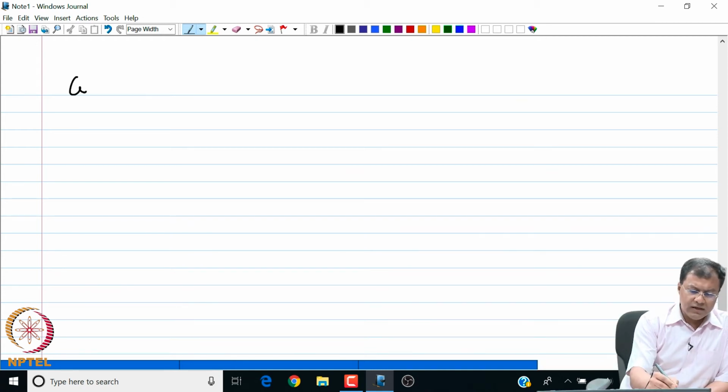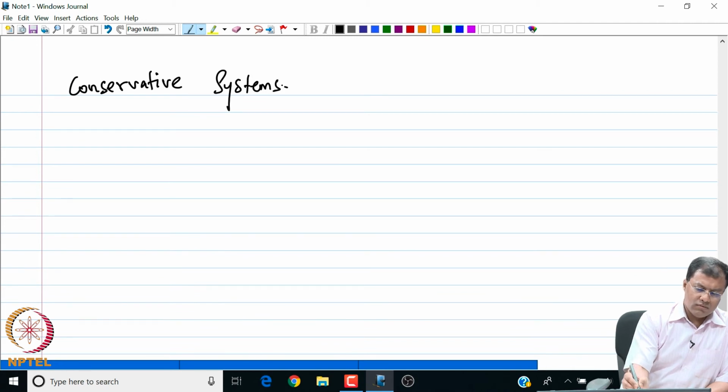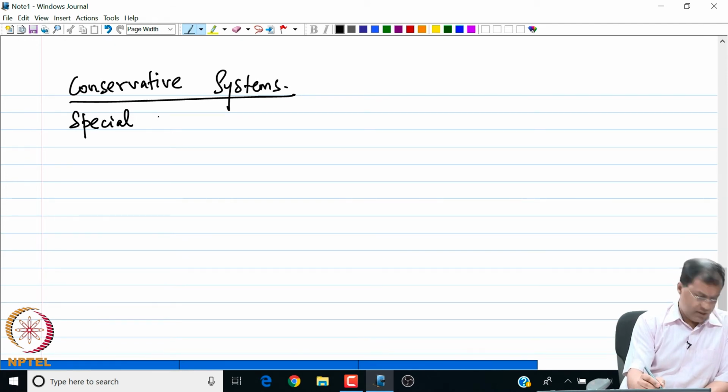we are going to see the solution of the Hamilton-Jacobi equation for a specific class of Hamiltonian system known as the conservative functions or conservative systems. Okay, so let us see what we mean by conservative systems. This is a special class in which the Hamiltonian satisfies certain properties.